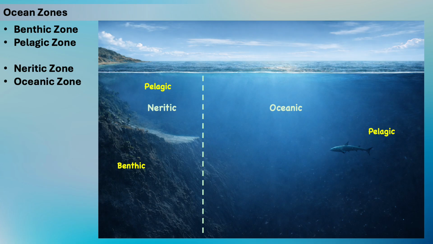Please note these terms are not mutually exclusive. A benthic organism may be neritic or it could be oceanic. Likewise, a pelagic species could be neritic if it generally lives above the continental shelf, or it could be oceanic if it lies above the abyssal plain.